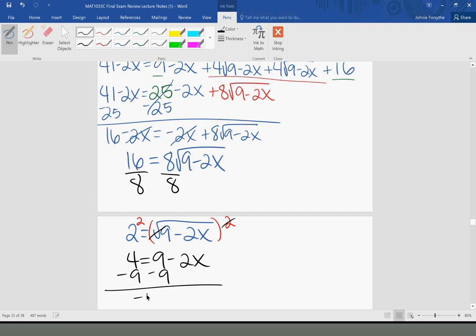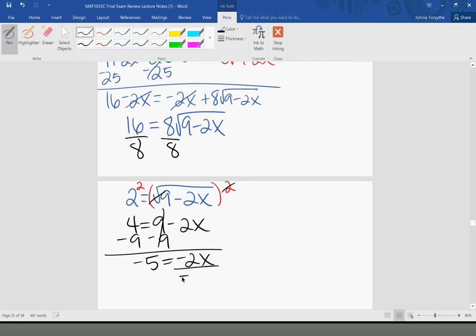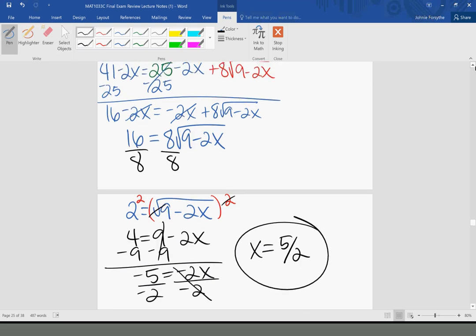So we have 4 minus 9 is negative 5, equals negative 2x. And then finally, to solve for x, I'm going to divide by negative 2. So x equals negative 5 divided by negative 2, which is equal to positive 5 over 2. And that's your final answer.